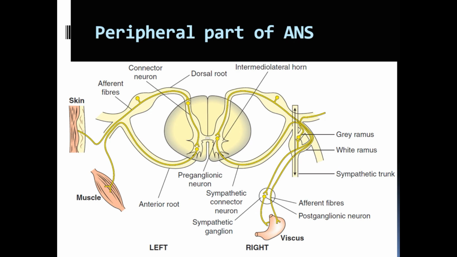They can either synapse with the ganglion which is present at the same level in the sympathetic trunk, or they can go up and down in the sympathetic trunk and then synapse in a ganglion present in the sympathetic trunk, or the third possibility is they don't synapse in the sympathetic trunk, but go directly and synapse to the prevertebral ganglion, the superior mesenteric, inferior mesenteric, or the celiac ganglion, which are the prevertebral ganglions.